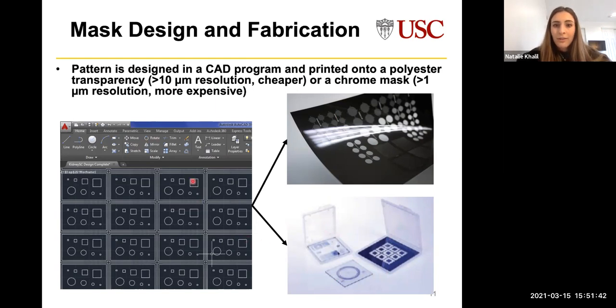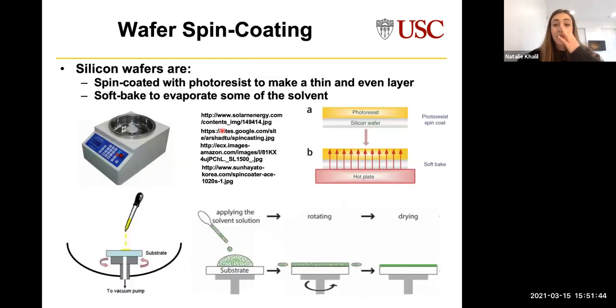And then once you have your mask, the first step of photolithography in the clean room is wafer spin coating. So in this step, your silicon wafers are spin coated with photoresist to create a thin and even layer of photoresist on the wafer. As we described, wafers themselves are not light sensitive, so this step is necessary. And so this is what a spin coater looks like.